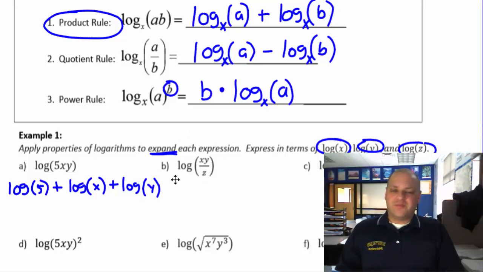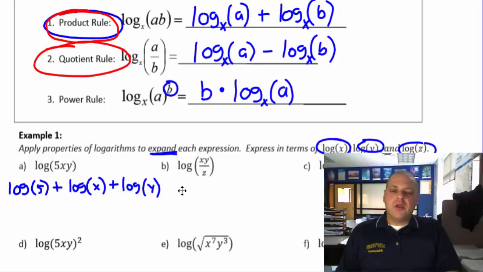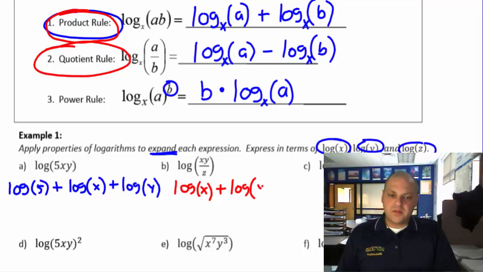So now right away in example B, we're combining the product rule and the quotient rule because I have a multiplication on top, but then I have a division. So it's simple. We just say we'll do the top and bottom separately. So we're going to log of x. Everything gets its own log. Log of x. And because it's times y, we're going to say plus log of y.